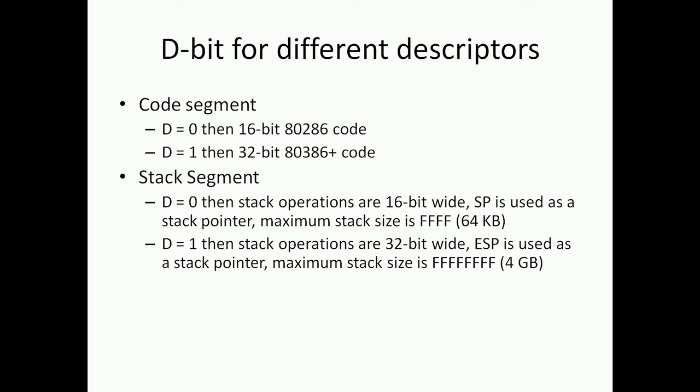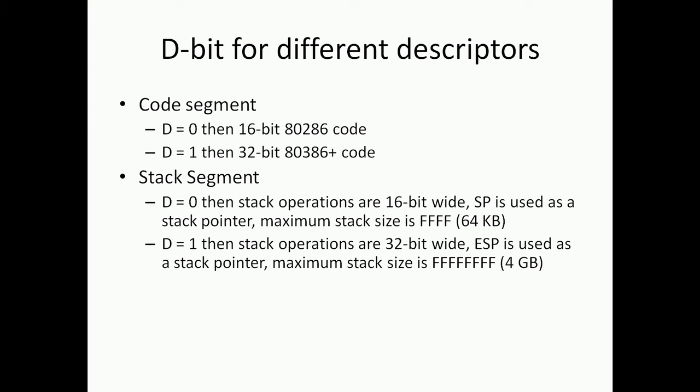So for a code segment, D equal to 0 means it is 16-bit 80286 code, as I told you. If D equal to 1, then 32-bit 80386 code. For a stack segment, if D is equal to 0, then stack operations are 16-bit wide, so it uses only SP, not ESP. SP is the 16-bit version.